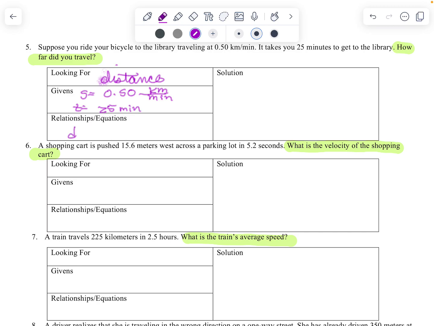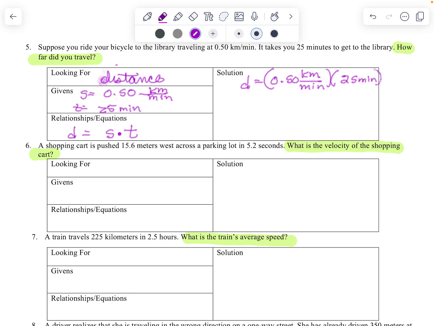So our distance will equal, again, speed times time. Plugging in our values, and don't forget, I'm a stickler for including units, and I'll multiply this by 25 minutes.